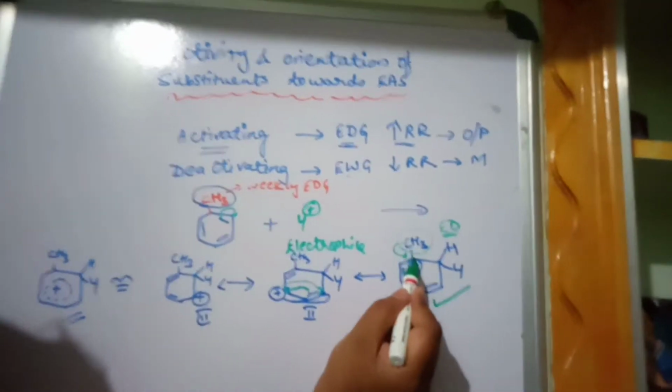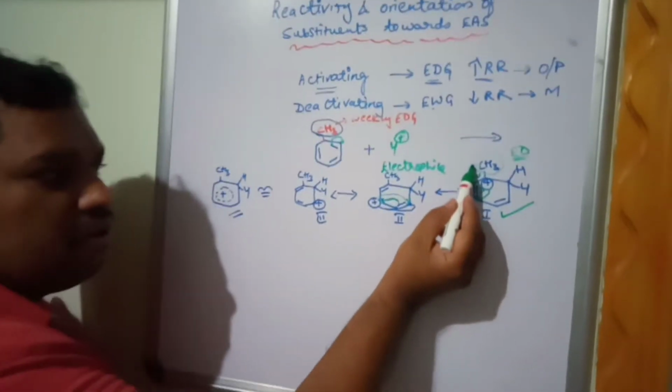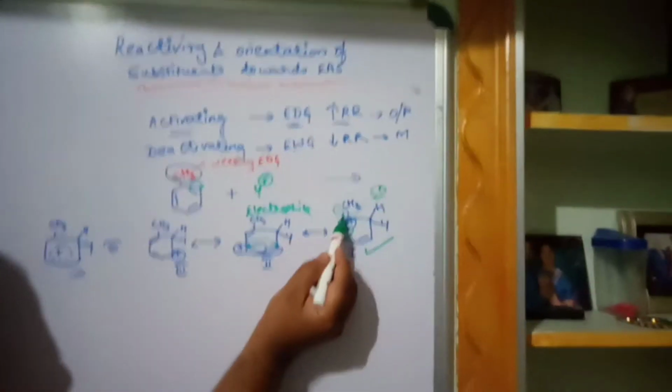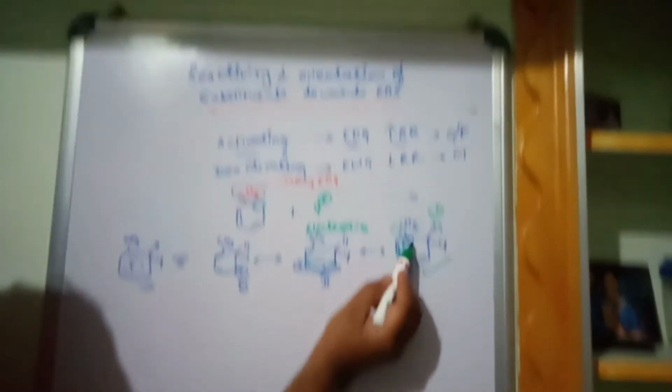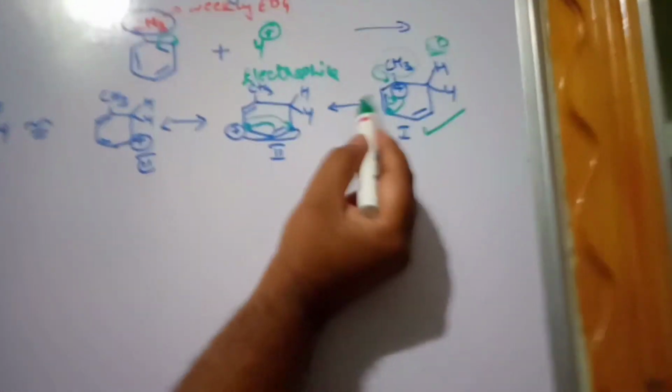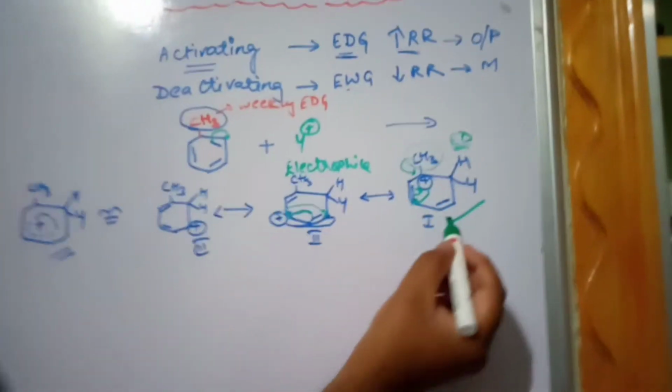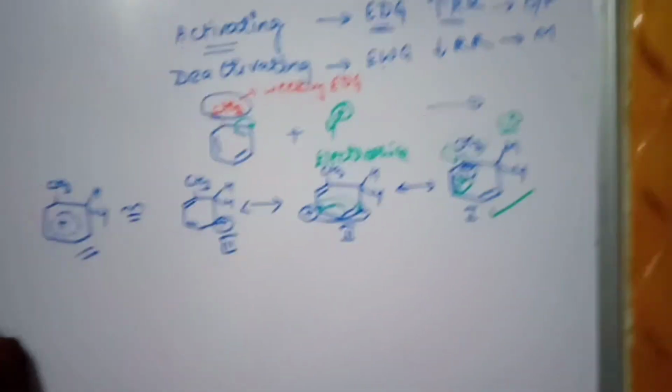In the same way, the carbon holding the positive charge is electron deficient, and this electron donating group or activating group releases the electrons and stabilizes by dispersal of this positive charge throughout the ring and movement of electrons throughout the ring by making various resonance structures.